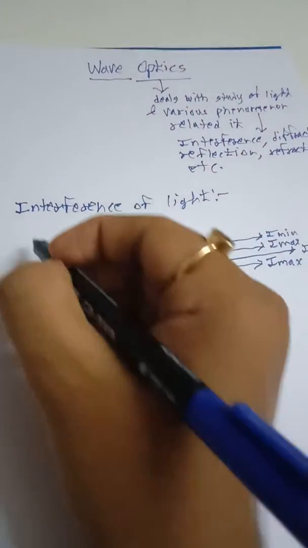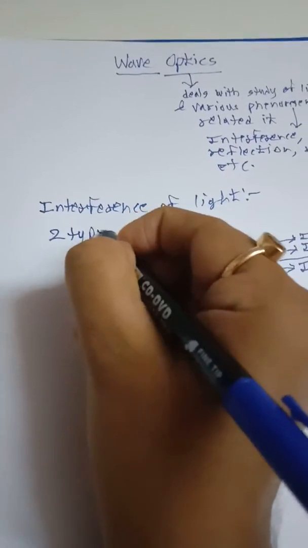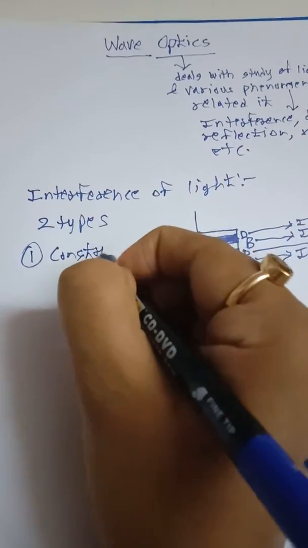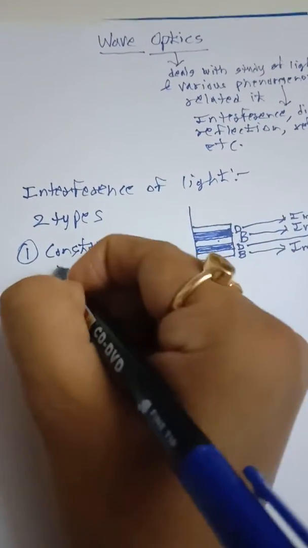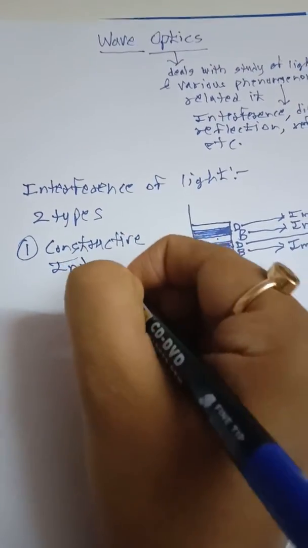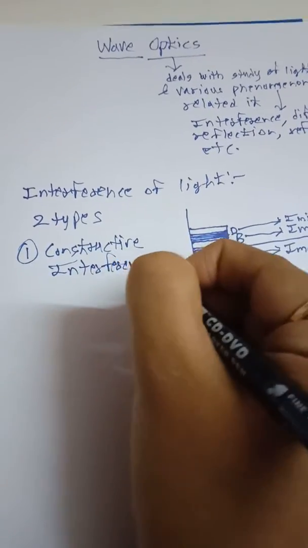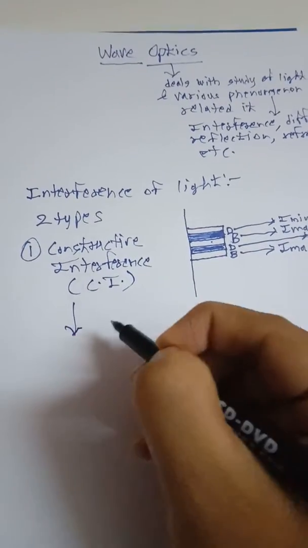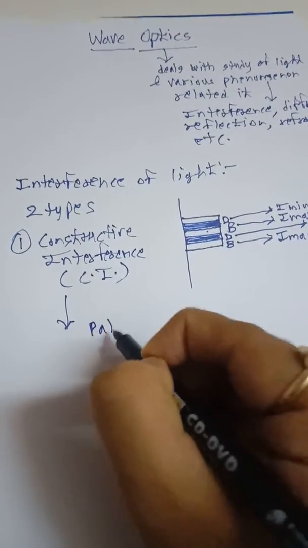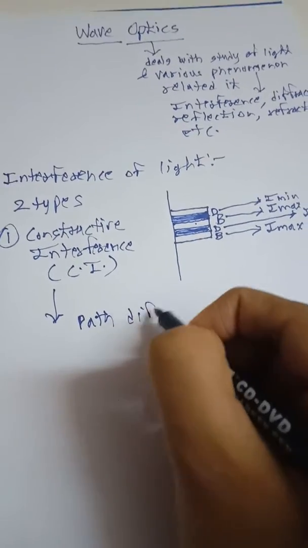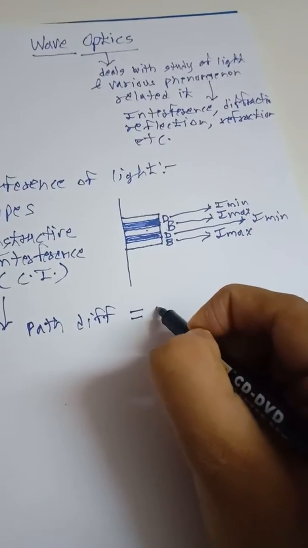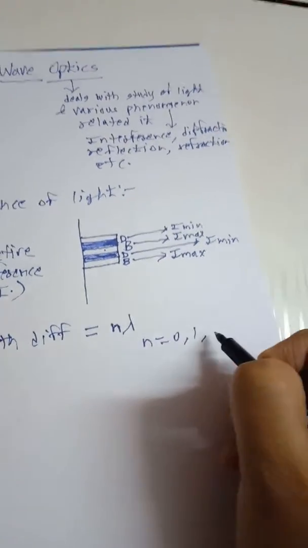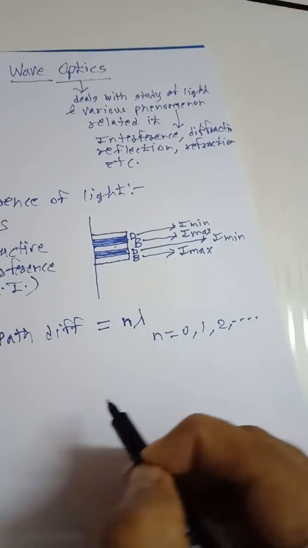It is of two types. The first one is constructive interference, in short CI. For constructive interference, there is one condition: the path difference should be an integral multiple of lambda, n times lambda, where n can be 0, 1, 2, 3 and so on.